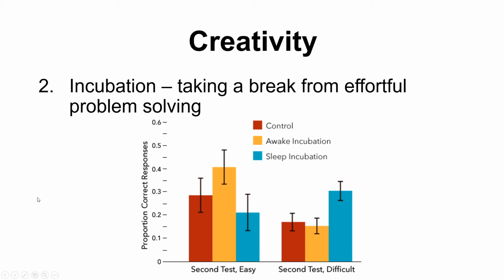They did the first test, then did either the second easy or second difficult test after having slept for 8 hours. The part that we care about here is this second difficult task, which shows that our sleep incubation group ended up performing better than either our control or awake incubation group on that difficult test.